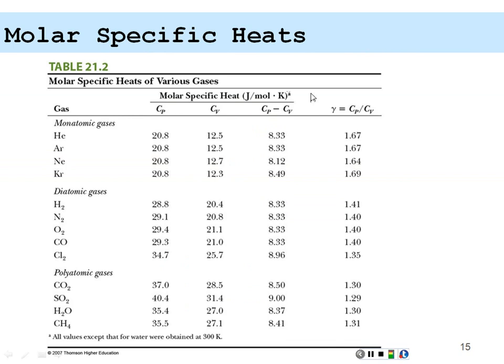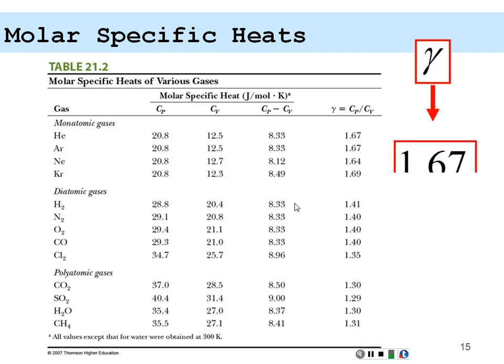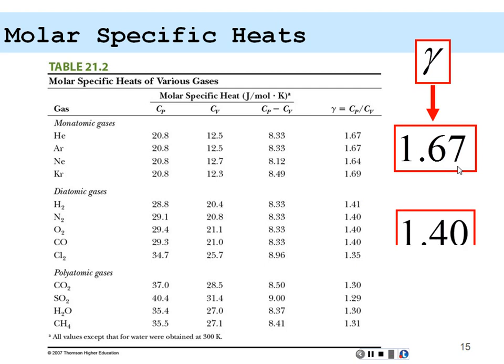So here is some graph of some monatomic, diatomic, and polyatomic gases. The gamma for monatomic gases at room temperature, 1.67. Diatomic gases like hydrogen, nitrogen, oxygen, carbon monoxide, chlorine, 1.4.